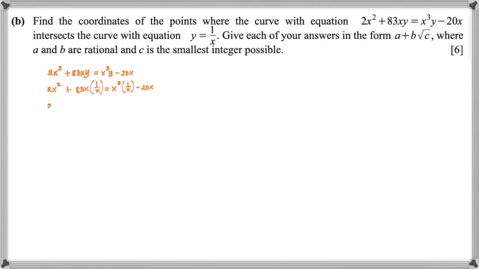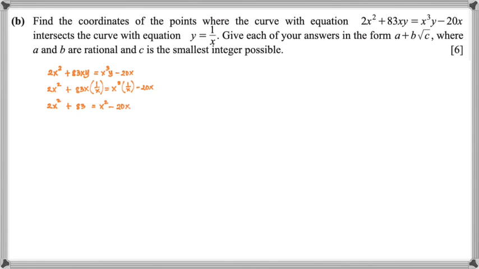Okay, so moving on, 2x squared plus 83x times 1 over x will give us 83. So plus 83 is equal to x cubed times 1 over x, which gives us x squared, minus 20x.